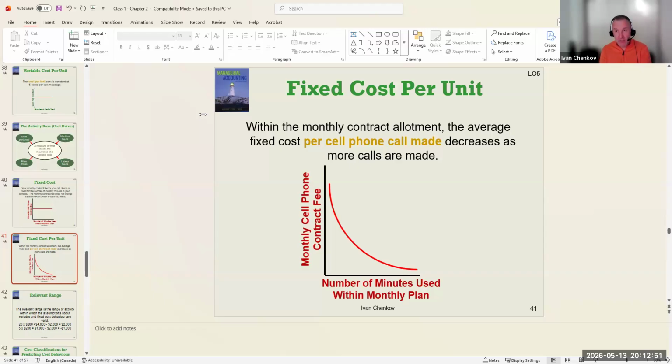So what should I do? Pay attention or text? Because if I'm texting, I'm reducing my cost per text message. But if I pay attention, I'm reducing the cost for the course. So which one should I do? Now, as a manager, you have to make a decision.